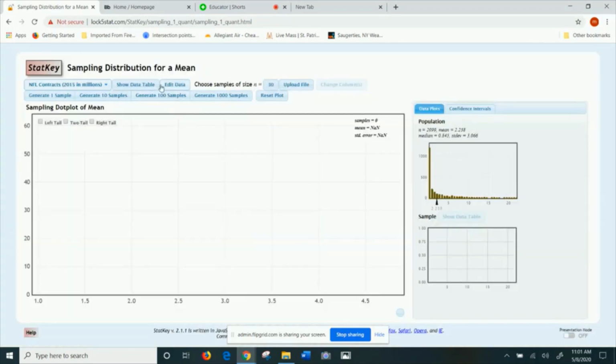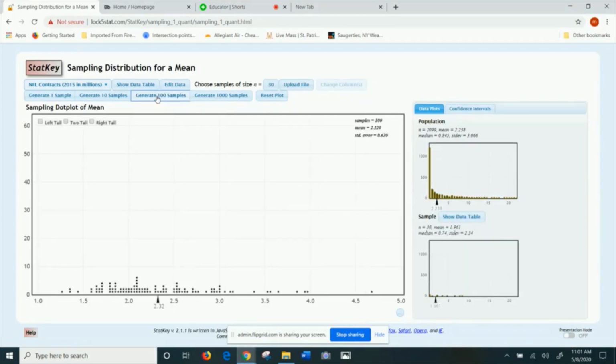And I'll generate 100 samples. So we have 100 dots down here, and each dot represents the average or mean of the salaries for 30 NFL players, because each sample is a size of 30.